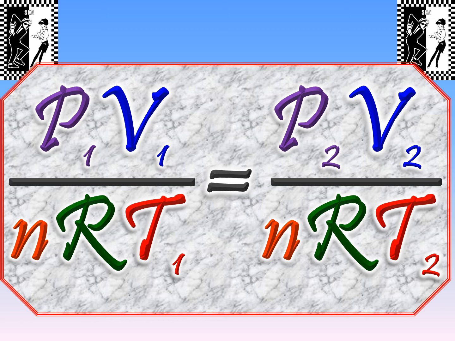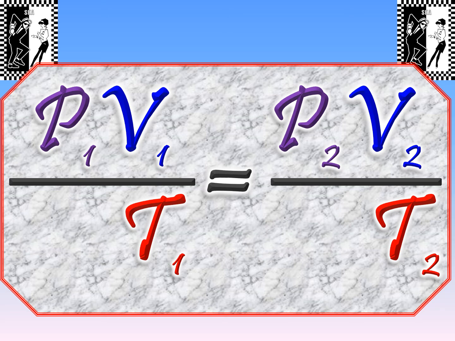Now it's P1 V1 over nRT1 equals P2 V2 over nRT2. So if you're in a situation where the moles isn't changing and R is a constant, well, by the way, R is always the same, so both of those R's are the same. We could really multiply both sides by nR and get rid of that. Now it's much easier to see where the ideal gas law came from, because you've got P1 V1 equals P2 V2 on top.